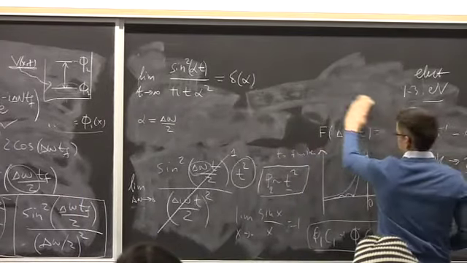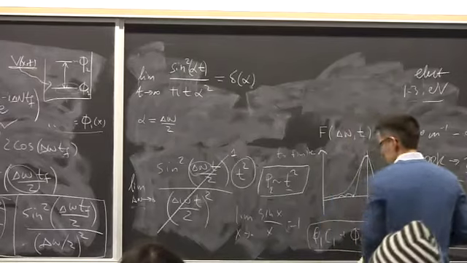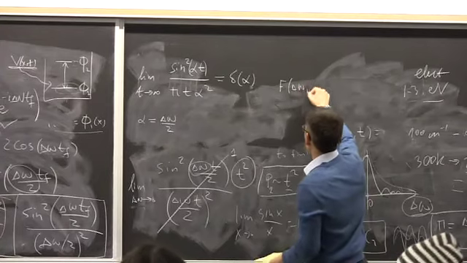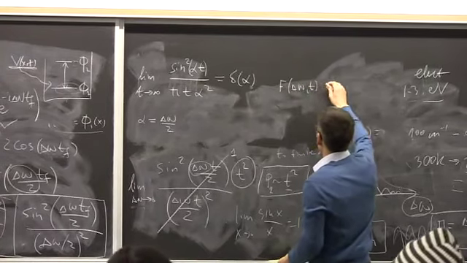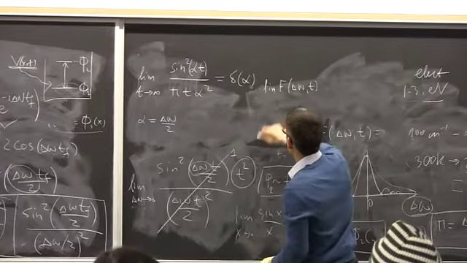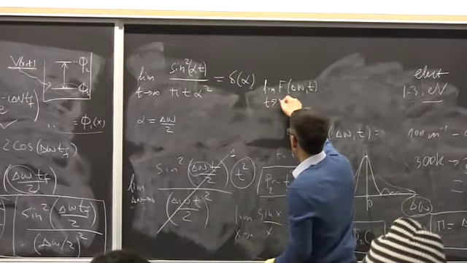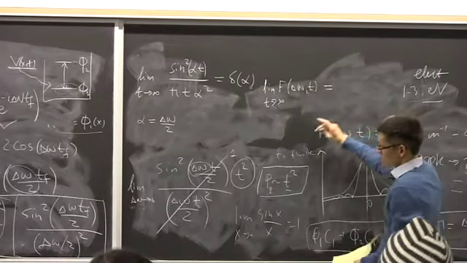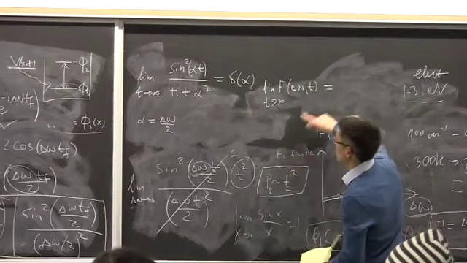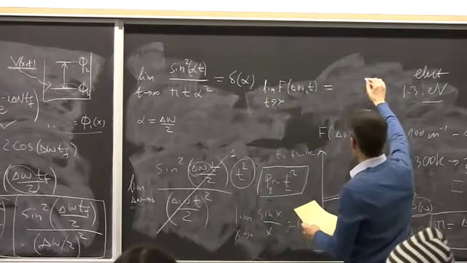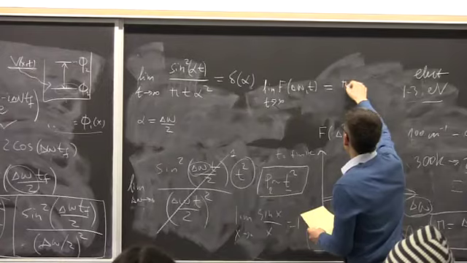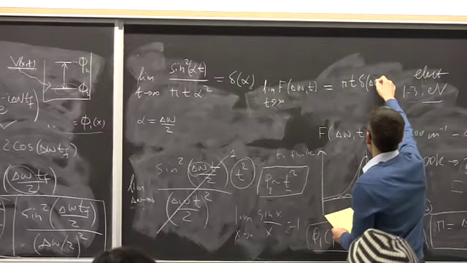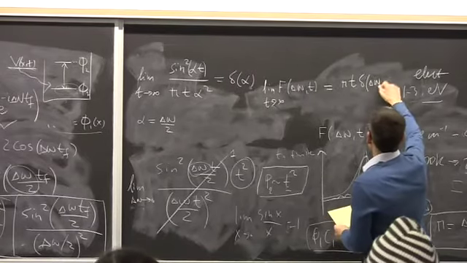Then we can say that our f of delta omega and t, if we take the limit as t goes to infinity, is equal to, let's see, pi t times the delta function of delta omega divided by 2.